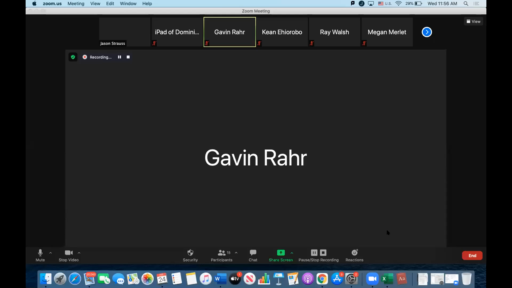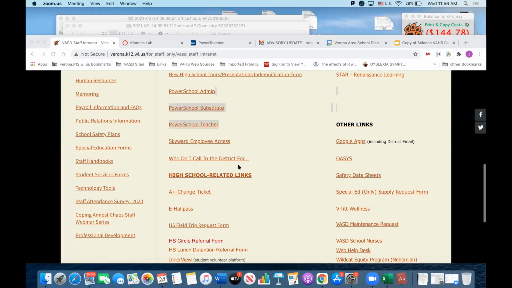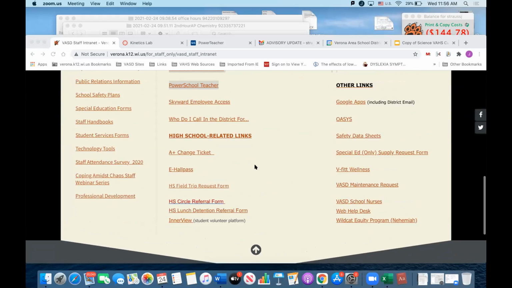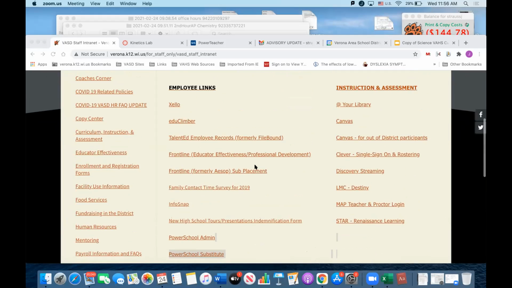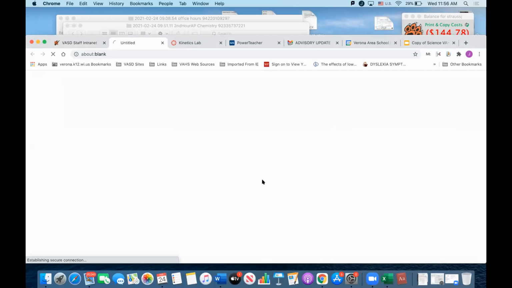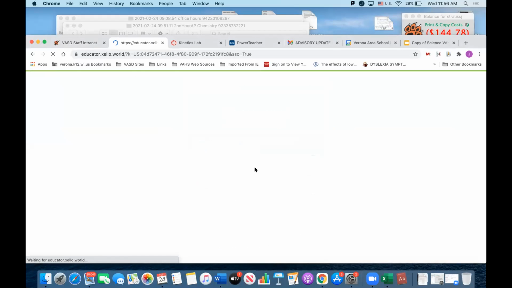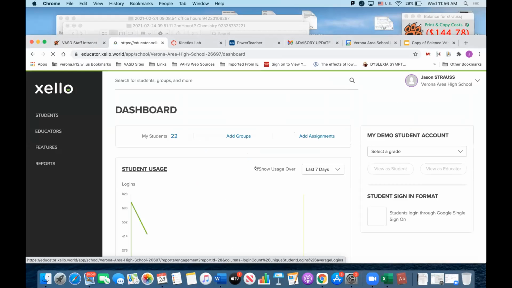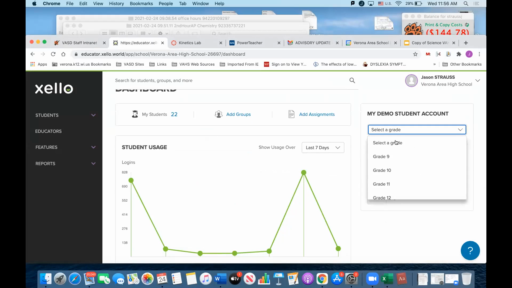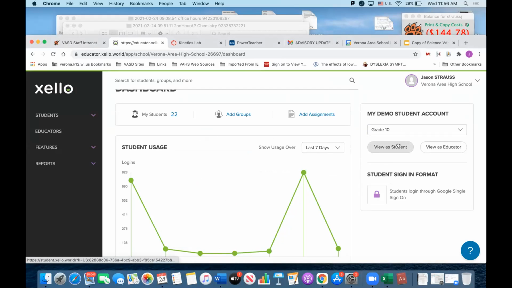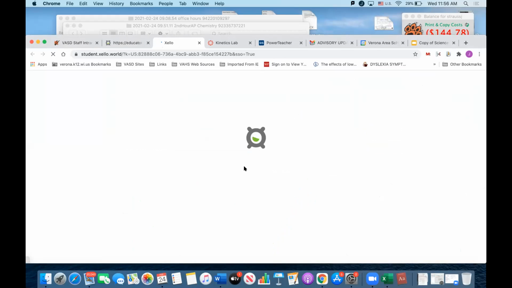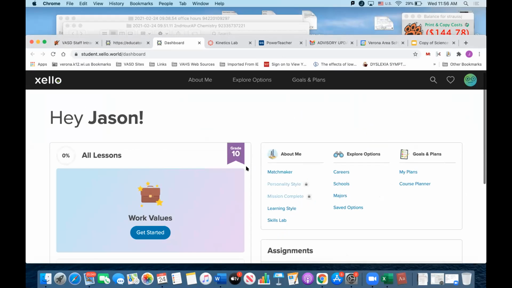Actually, I should have some of you share your screen. So Zello. Now your screen is going to look different than mine. Let's see if they have a task in here for you.